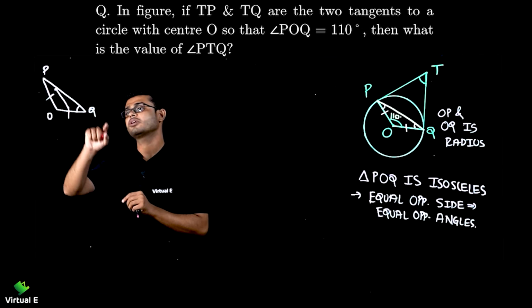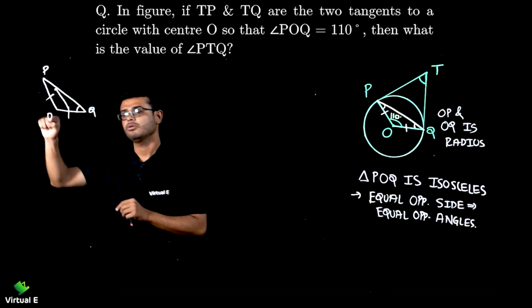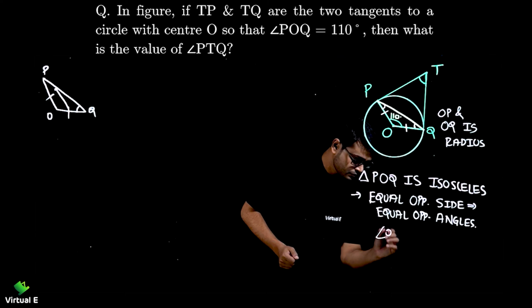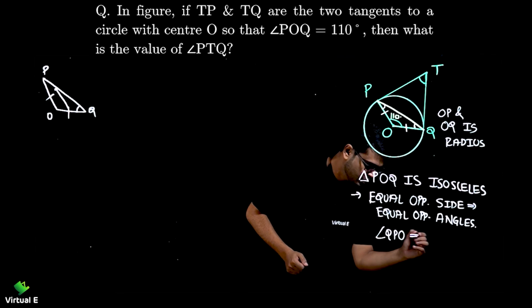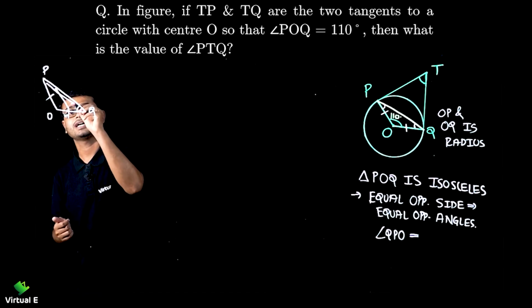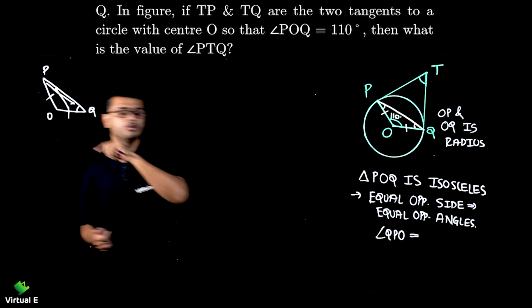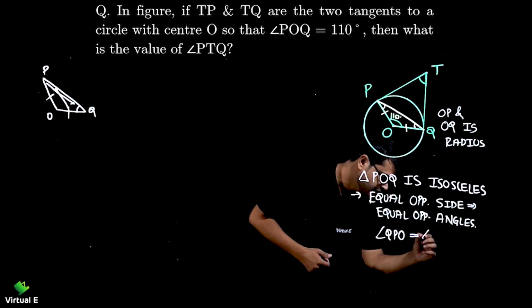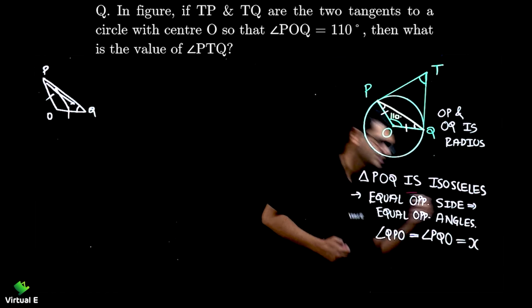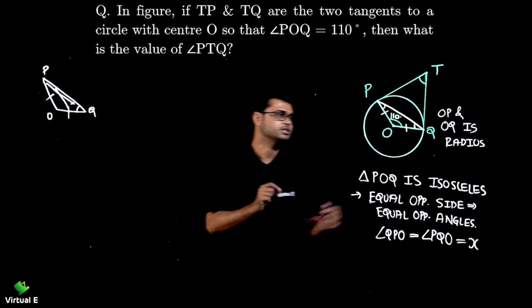That will be angle QPO. What is the other angle opposite to this one? That's angle PQO, and I'm going to consider it as x. I want to find those two angles.